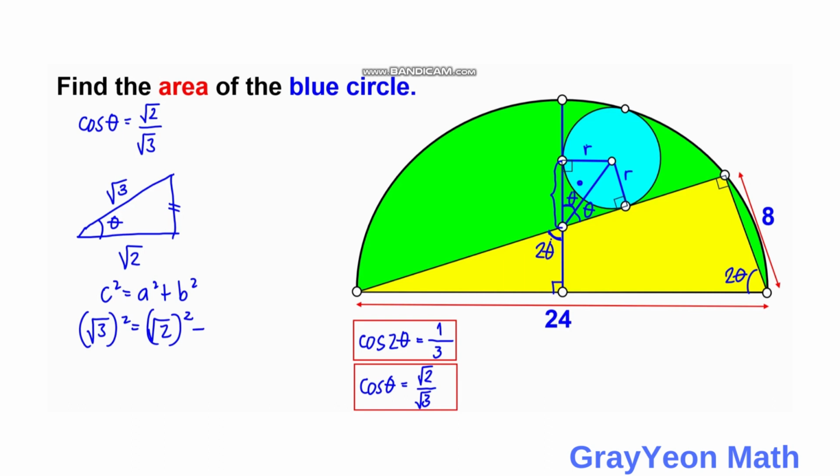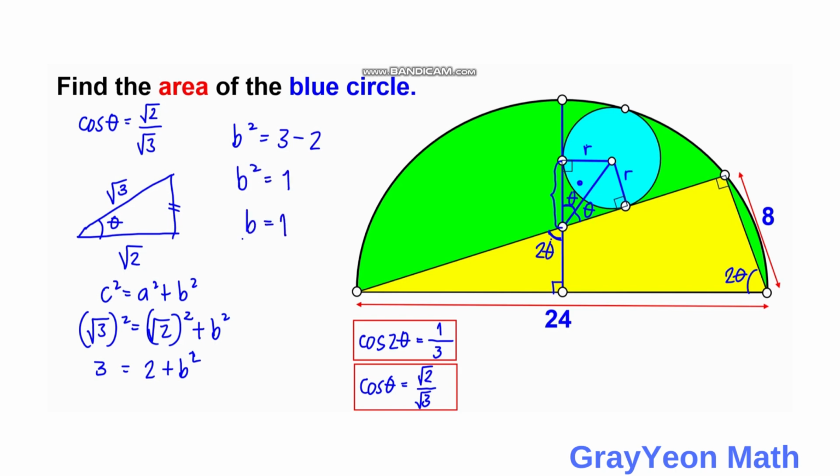Squared plus b squared. So this becomes 3 is equal to 2 plus b squared. So b squared is equal to 3 minus 2. So b squared is equal to 1, and b is equal to 1.